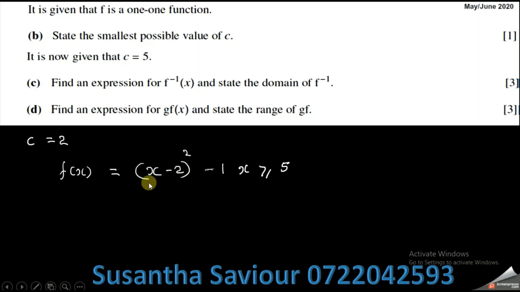So fx is greater than or equal to 8. In other words, the range of fx is greater than or equal to 8. Remember this, because when we find the domain of this, range of this is the domain of f inverse, right? Look at this.